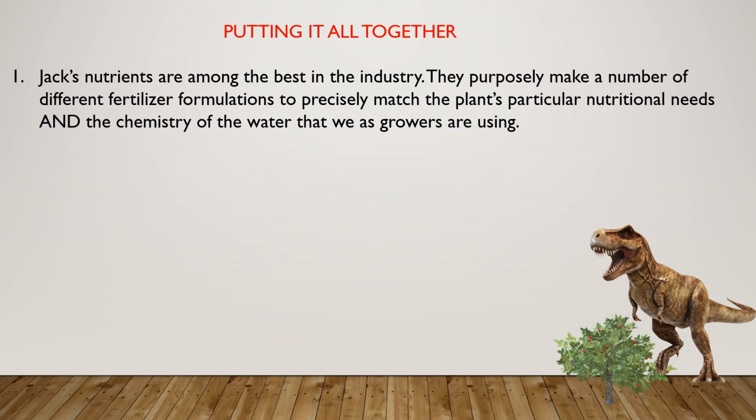From the standpoint of a serious grower or a science-based grower or somebody who's just looking for maximal productivity, maximum quality from whatever it is that you're growing, the fact that a company like Jack's has a multitude of choices should be reassuring to you, because water chemistry changes, the plants that we're growing and their needs change, and we have a far greater ability to pick a precision combination that will put us exactly where we want to be for the plants that we're growing.